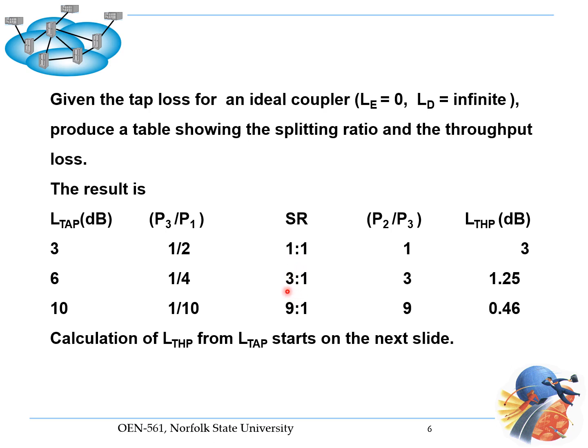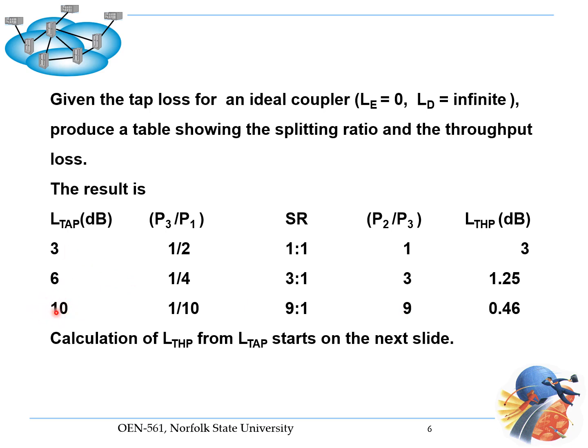In this case, optical power in port 2 is 3 times larger than the optical power that goes to port 3, and in this case optical power that goes to port 2 is 9 times larger than the optical power that goes to port 3. So we already did this case on the previous slide, and we found that P3 to P1 is 0.1 or 1 over 10, P2 to P3 is 9, and tap loss was 10.